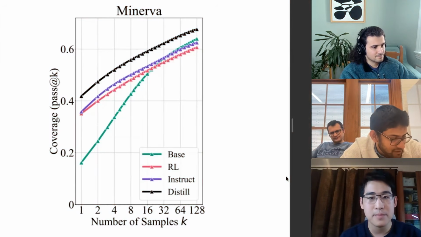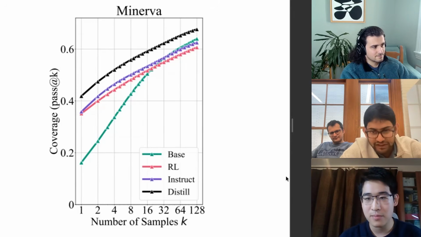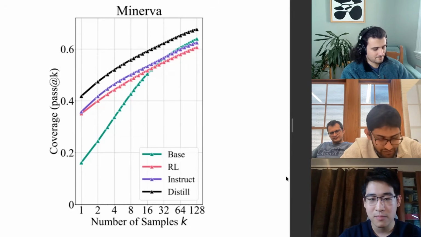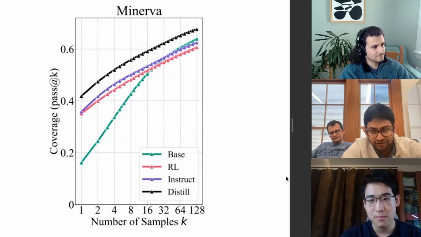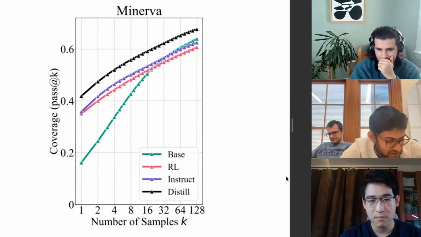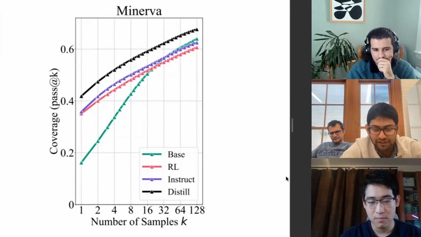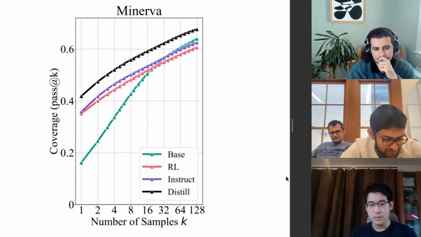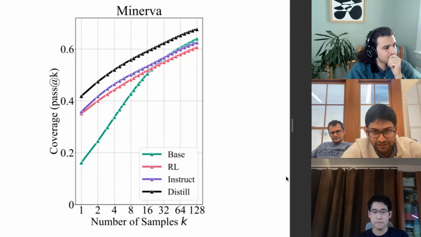In particular, they compare against a model that has been distilled on long chains of thought from a much larger model, I think DeepSeek R1, and that is uniformly better. We were thinking about why this is the case. This is distillation via supervised fine tuning, or maximizing the likelihood of the reasoning chains of the larger model.